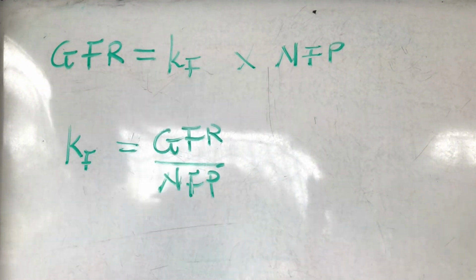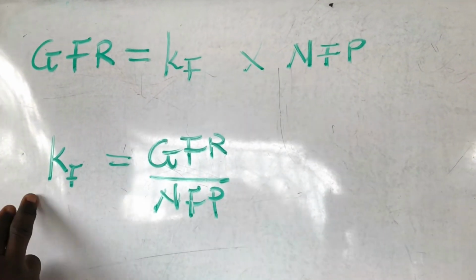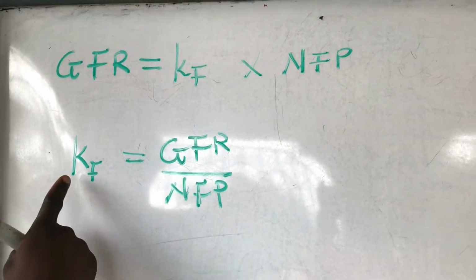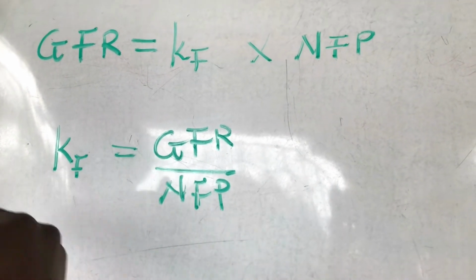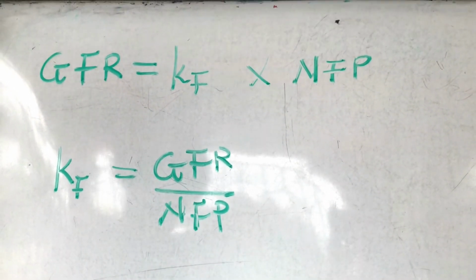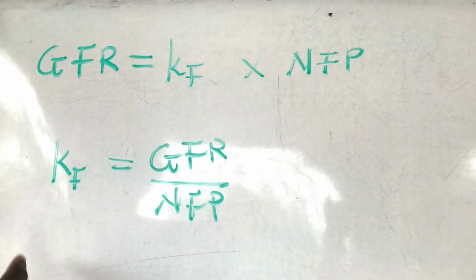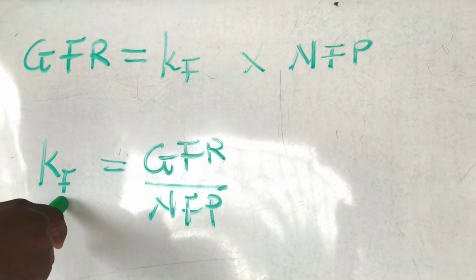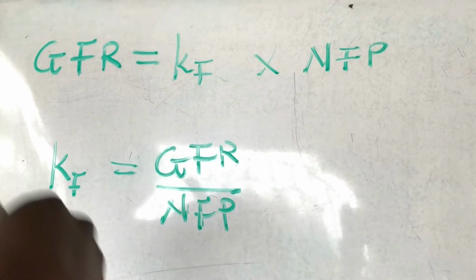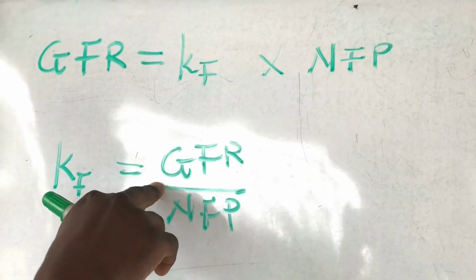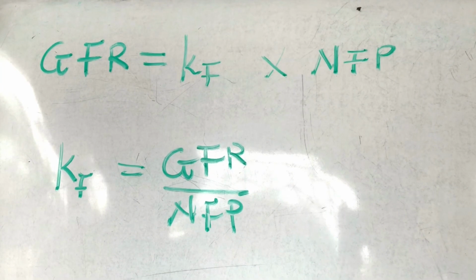But there are some diseases that tend to lower the Kf. They do so by thickening the walls of the glomerular capillaries. In this case, the filtration coefficient is reduced because of the thickening of the walls of the glomerula, which reduces permeability, thereby reducing GFR.